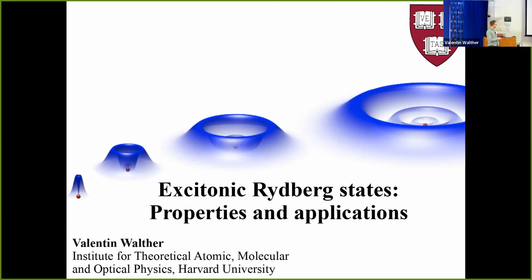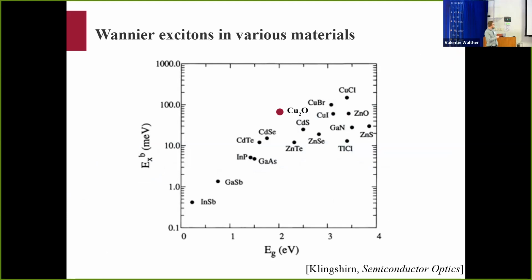Okay, so I showed you that the binding energy of an excitonic state is important, and so is the gap energy. And here, this is just from a textbook. I selected this figure that shows you that there are a lot of semiconductors that have a sizable optical band gap and binding energy.